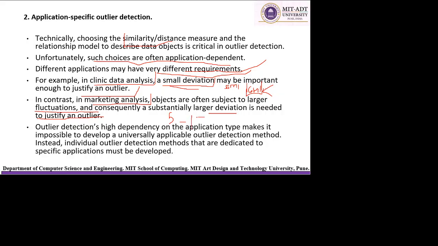So up to 15 it may not be considered an outlier. So depending upon the different applications, the outlier data points may differ. So outlier detection has a dependency on the application type.